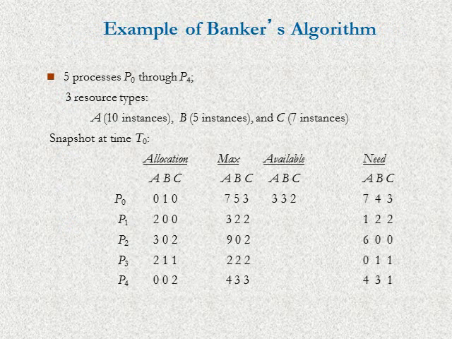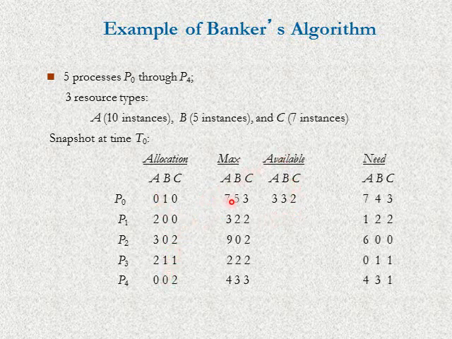Over here, we again have the very same data structures. The first one is the max data structure. Then we have the allocation data structure. Then we have the available data structure.